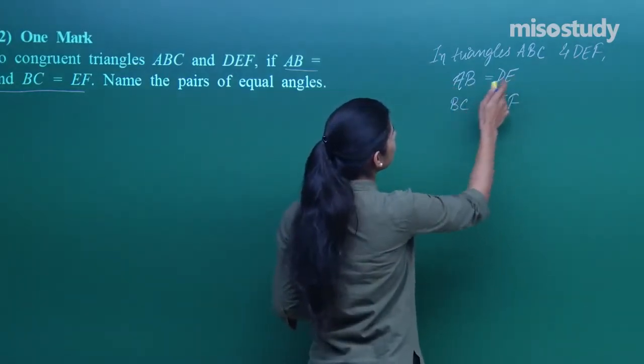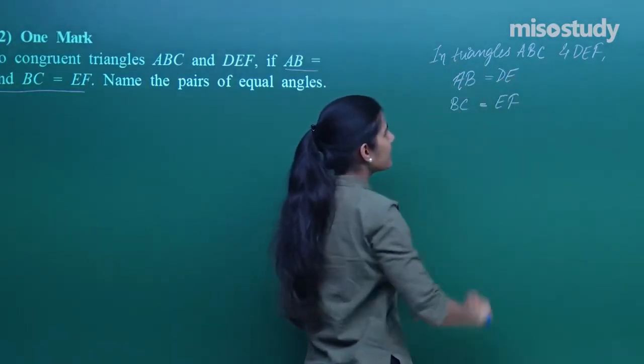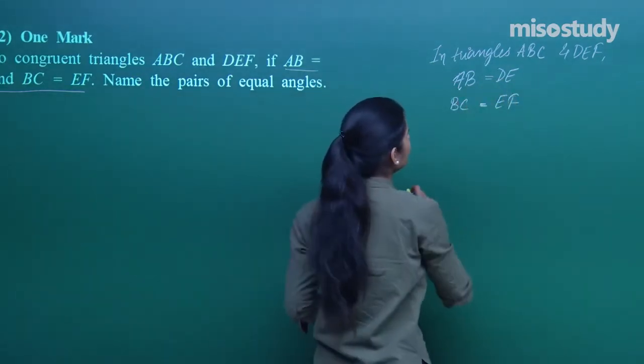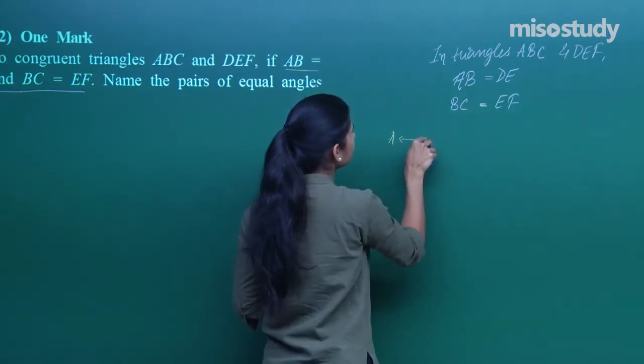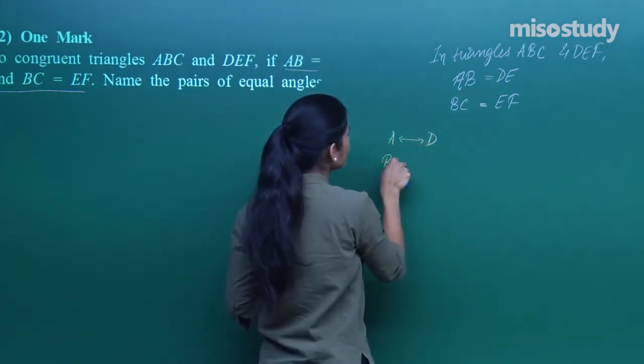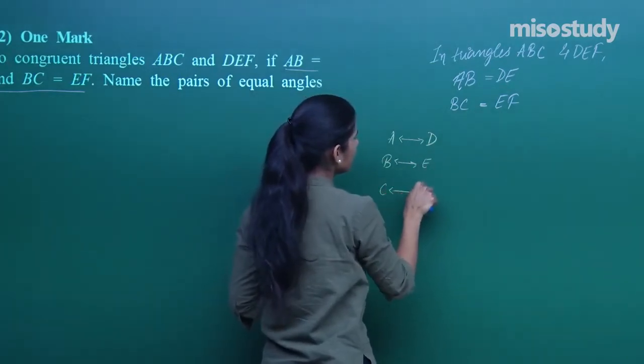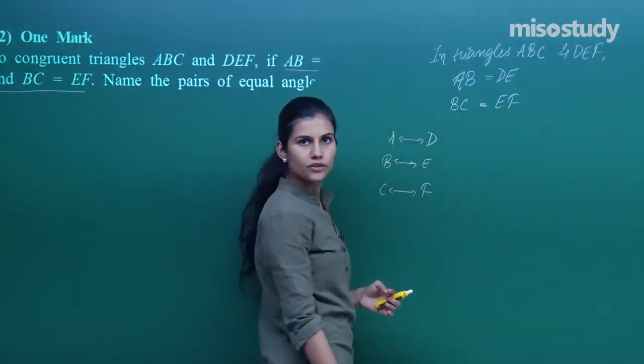So here AB is equal to DE, there are 3 vertices A, B, C over here and there are 3 vertices D, E, F over here. You can see A is corresponding to D, B is corresponding to E and C is corresponding to F, right?